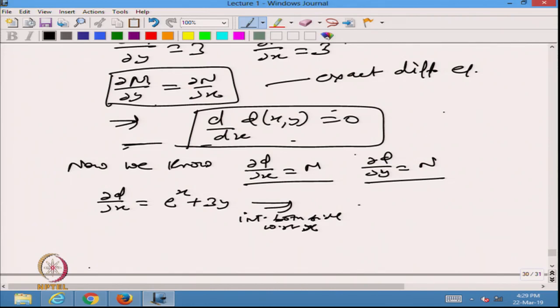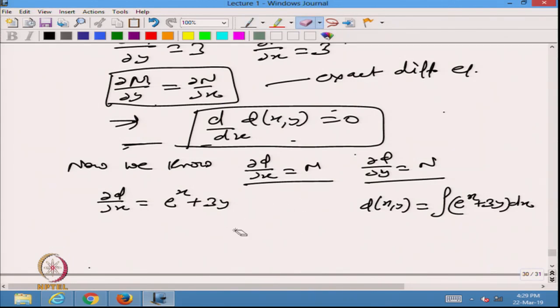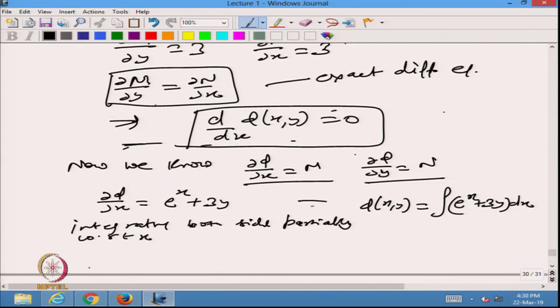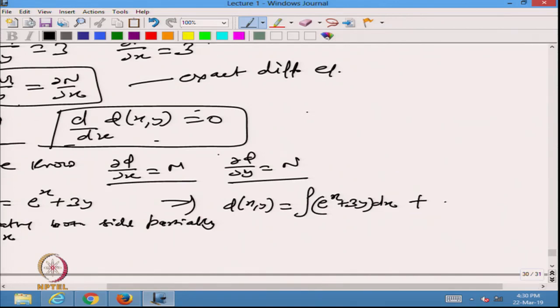So, I will get phi(x,y) is equal to the integral of (e^x plus 3y) dx, integrating both sides partially with respect to x, plus some function of y, because I am doing this partially with respect to x.